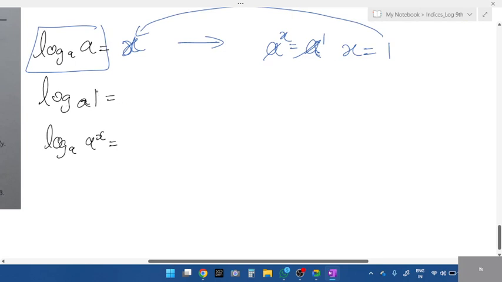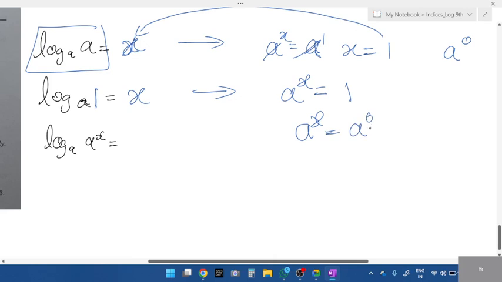Next, log a to the power of 1. If the answer is not given, let us take x. Find the value, students. Exponent form is given. How do you write it? A to the power of x is equal to 1. What is a to the power of 0? Anything to the power of 0? 1. I'll write a to the power of x as it is. In place of 1, can I write a to the power of 0?